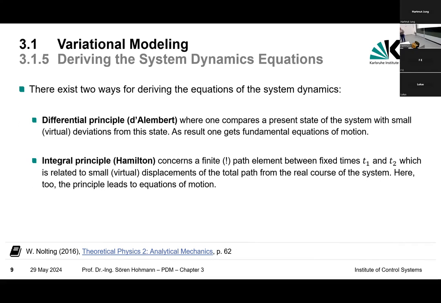The first is the differential principle. It's the way D'Alembert did it. And then there is an integral principle, which goes back to Hamilton. If you think of the first, it's all straightforward, but unfortunately mathematically not justifiable.